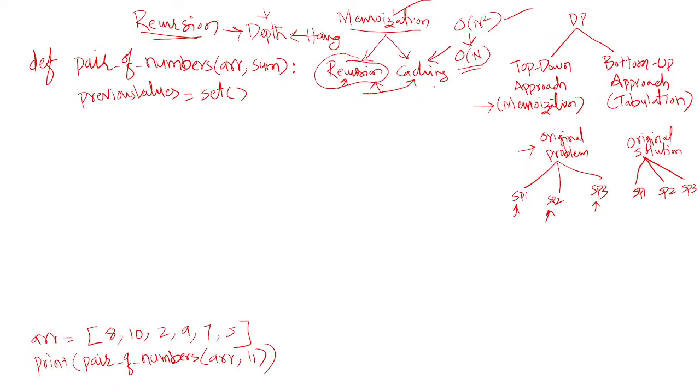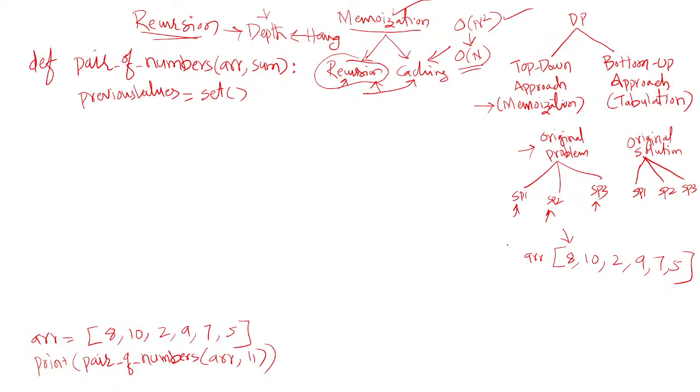First we run a loop on this array. Let me explain the solution here. 8, 10, then 2, 9 and 7, 5. So this is our array. For each value we'll try to find the difference, that is, a number whose difference is equal to this sum, like we did in our previous approach.